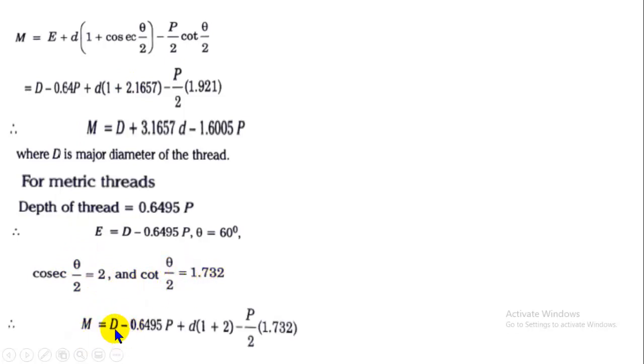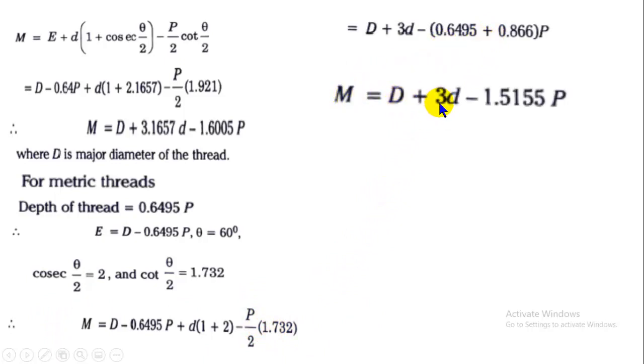Putting that value here, M equals d minus 0.6495 p plus d into 1 plus 2 minus p by 2 into 1.732. After simplifying, we get M equal to d plus 3d minus 1.5155 p. So this is for the metric thread. Like this, using the three-wire method, we can derive the effective diameter and also the diameter over the threads.